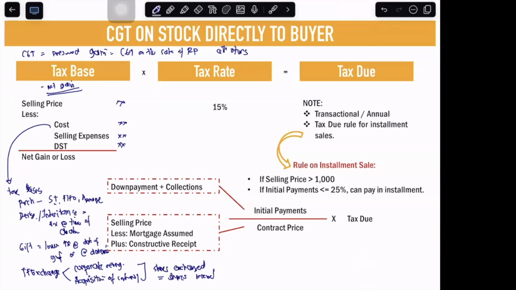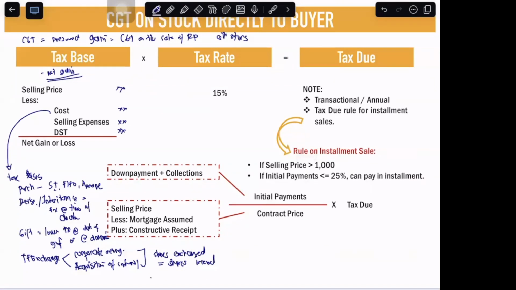At the same time, look into the rule on share swap with non-cash. Okay? Share swap with non-cash. So if it is a tax-free exchange, normally whatever is exchanged, that is equal to the amount of the shares or the cost of our tax base.